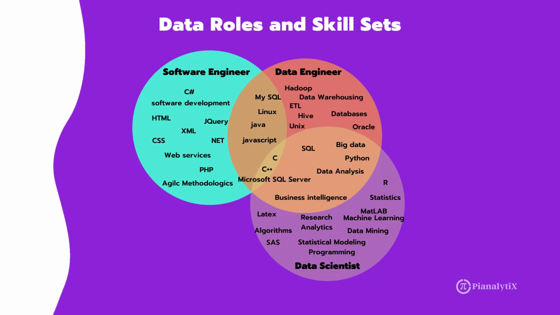To be a data engineer, you should have a combination of both, and in addition, you should have a good knowledge of Hadoop, because data is huge, so you definitely need distributed data processing.